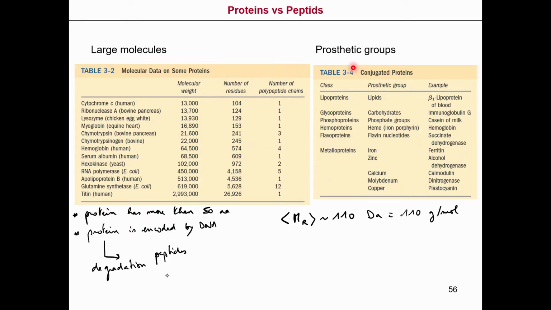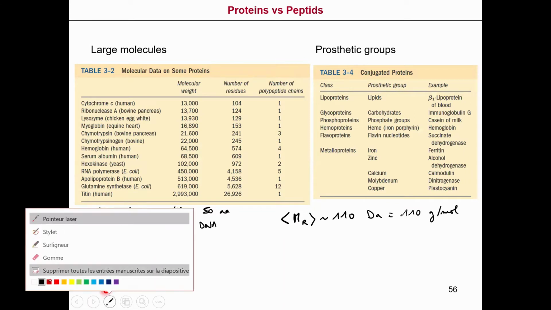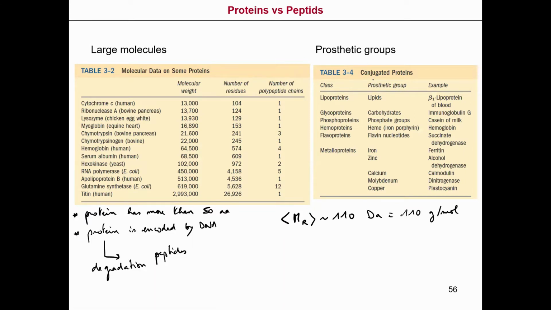One of you told me that proteins usually have prosthetic groups. Prosthetic group or cofactor is quite the same. A cofactor is something that you can add to apoproteins.